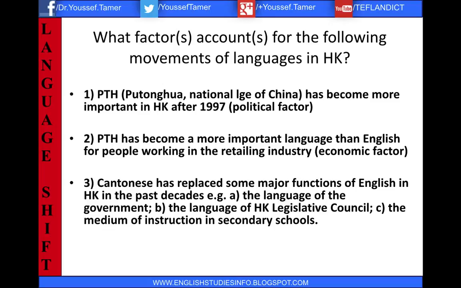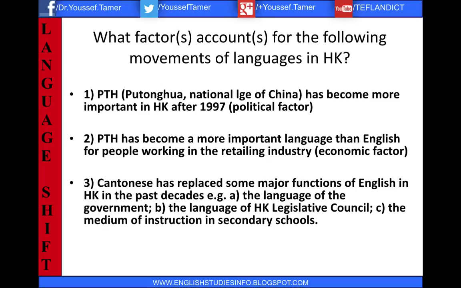And also, it has become more important and has replaced English as a medium of instruction in secondary schools, in education. Instead of using English, they have started using Cantonese. So here we are talking about scenarios of language shift in terms of language use.